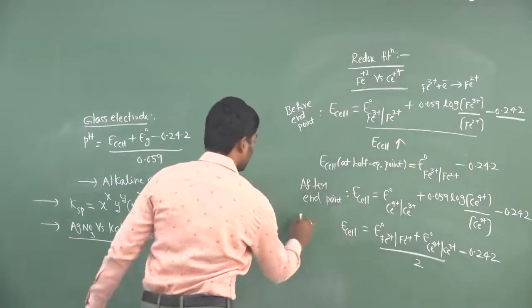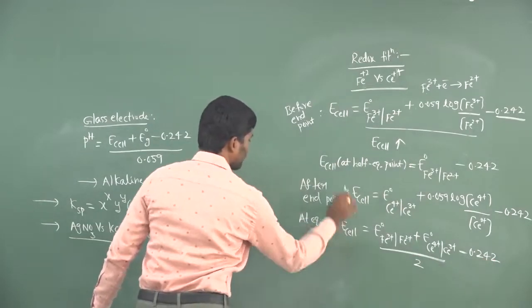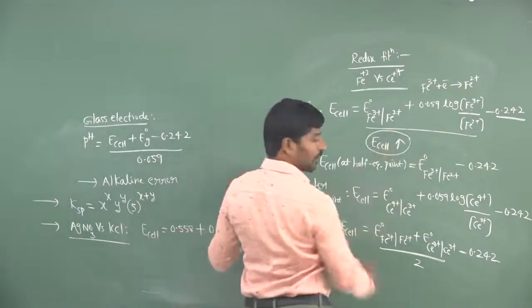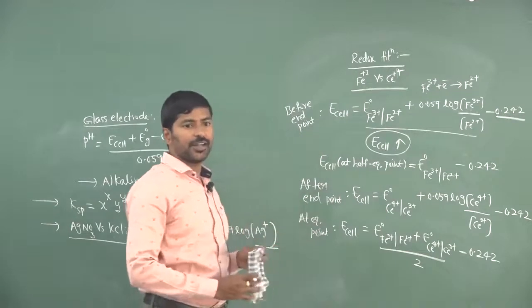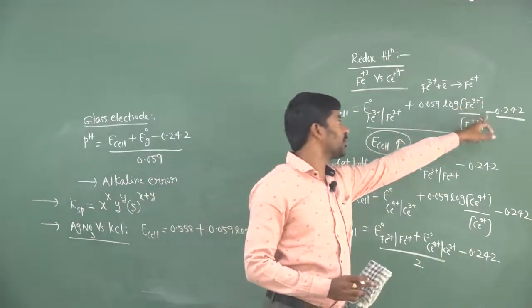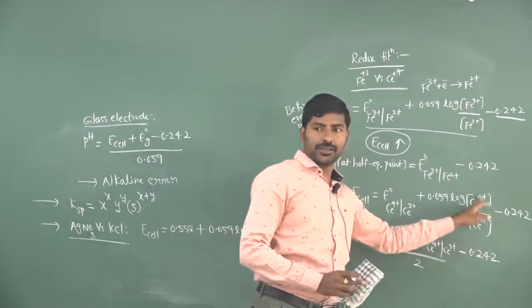This is at equivalence point or end point. So mainly you remember this. What about cell potential during titration? It increases. Before end point, cell potential is controlled by this ratio. After end point, cell potential is controlled by this ratio.